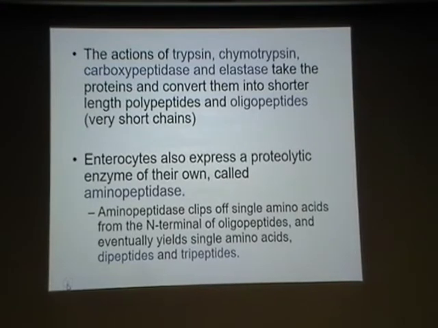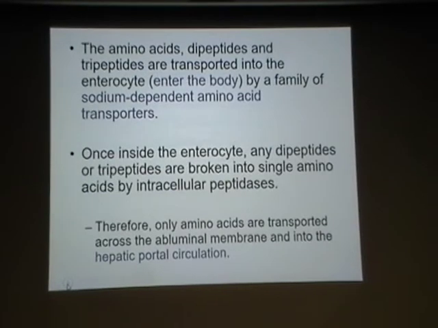Now, we need to get these things into our body, and then we need to get them into the blood. The first part is getting them into the body, and we have a whole family of sodium-dependent active transporters, okay? Some are pretty specific for certain amino acids or similar structured amino acids. Other transporters can handle the dipeptides and the tripeptides, okay? But it's a family of these, it's not a single thing that's doing this.